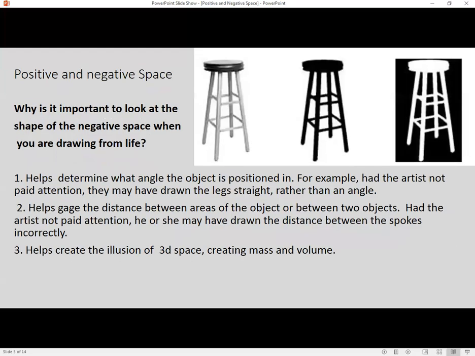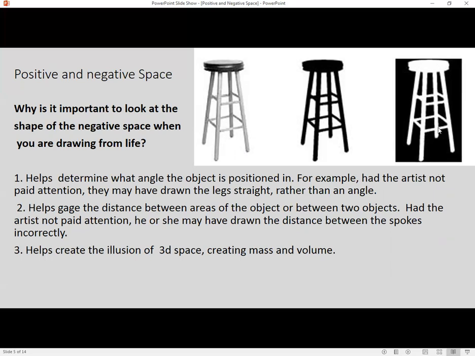And why is that? One reason is that it helps you determine what angle the object is situated in. Looking at the stool here, it's not facing us head on. The legs don't appear to be the same length at this angle. They're not straight across. Instead, it's tilted to the side.